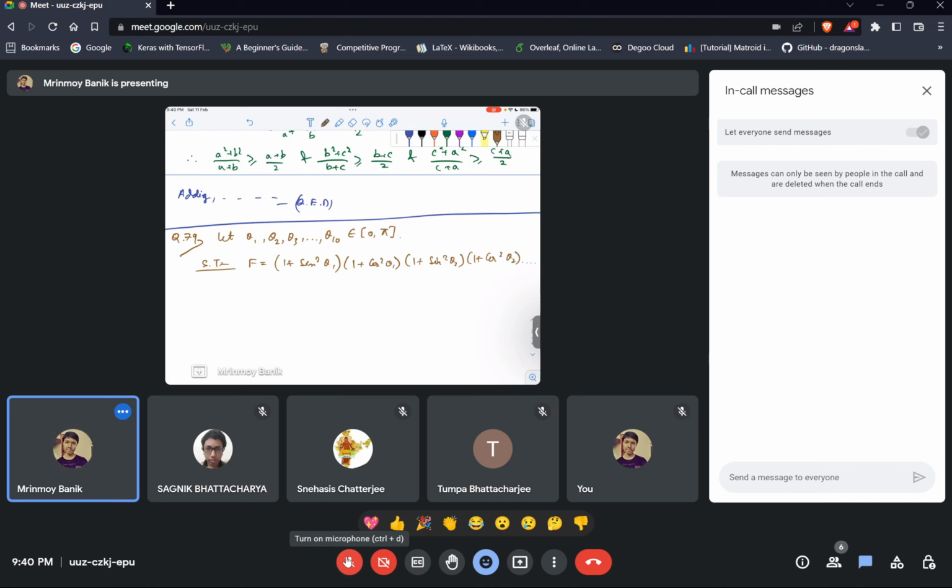Like that, up till 1 plus sine squared theta 10, 1 plus cos squared theta 10. Okay, so let me bring it to the left as I'm running out of space. So this thing has to be shown to be less than (9/4) to the power 10.